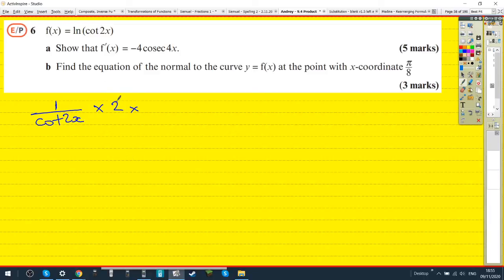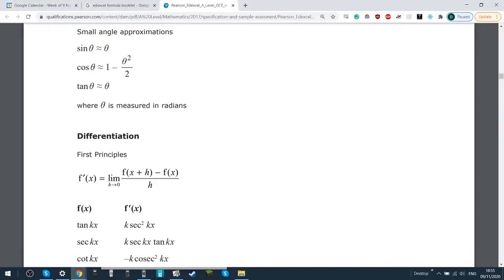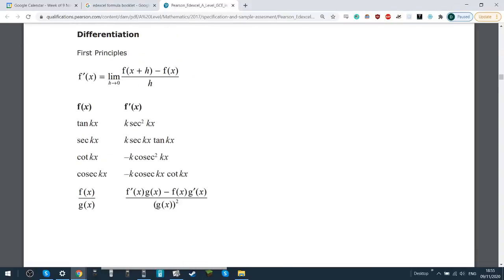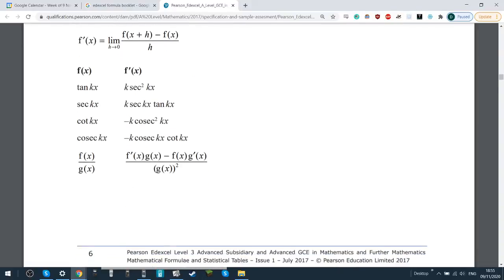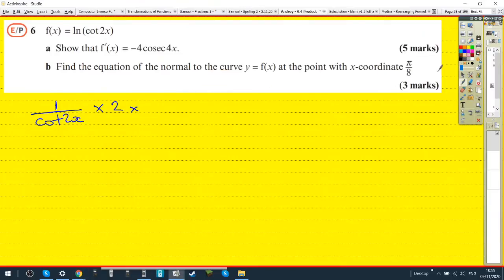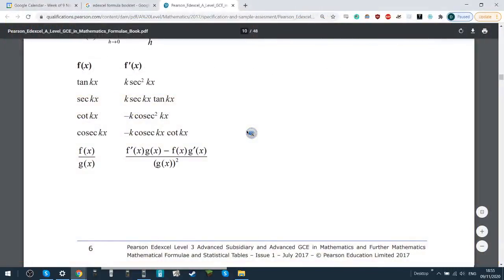So the function inside the function is cot 2x. What's the derivative of cot 2x? There we go. Formula booklet. So they actually give it to us? Yeah.